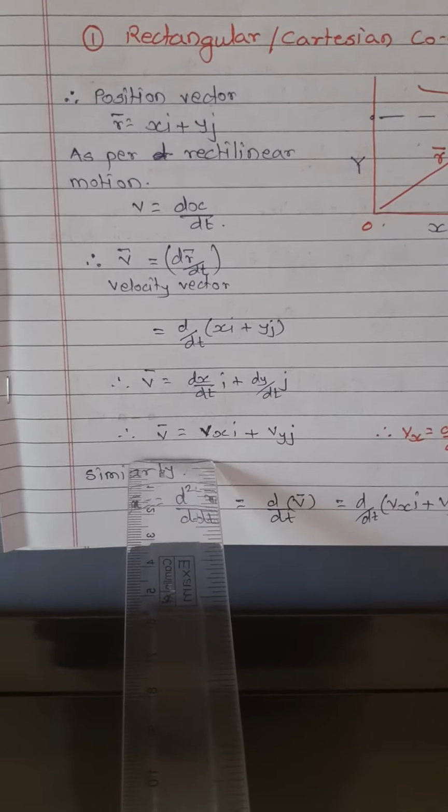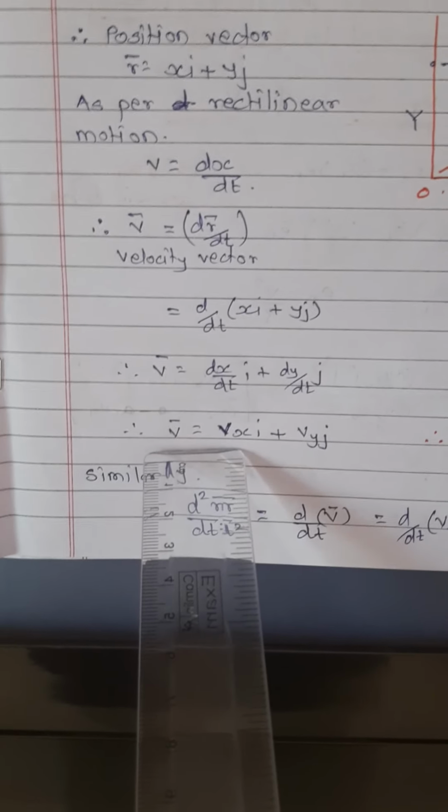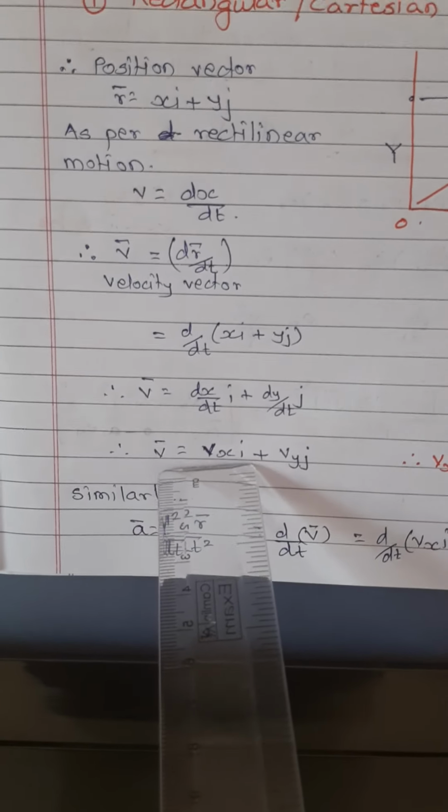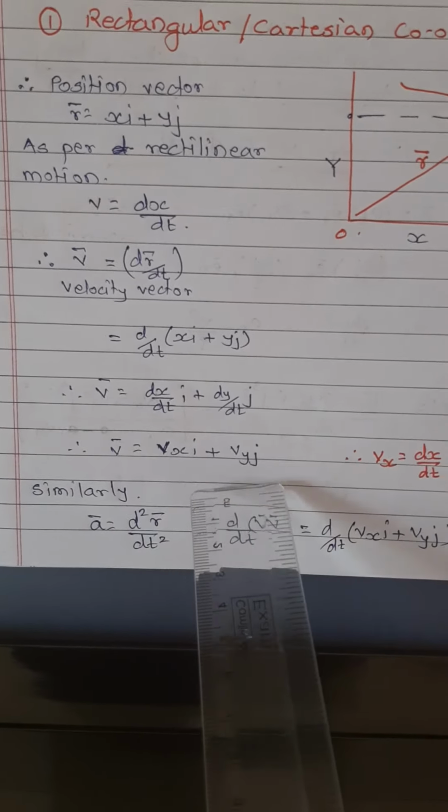Therefore, we can write the velocity vector as v bar = vx i + vy j.